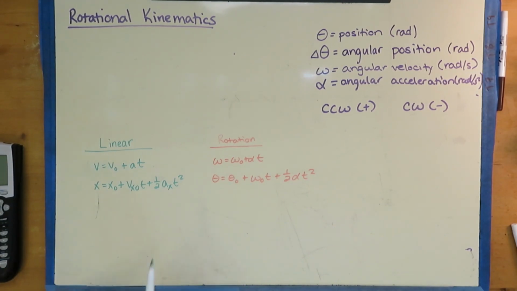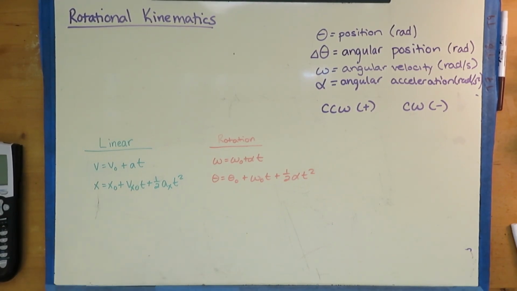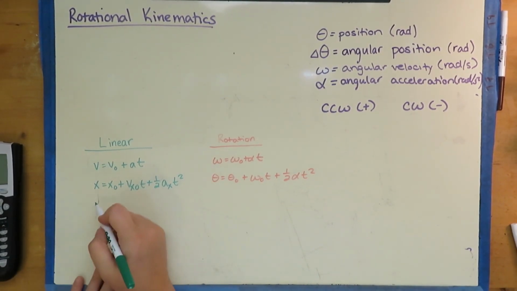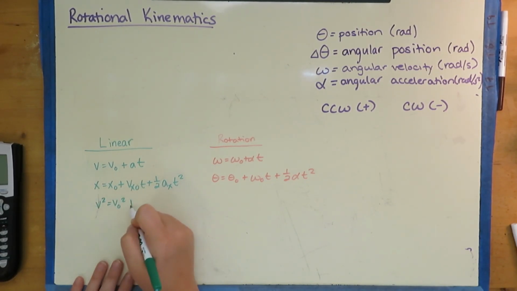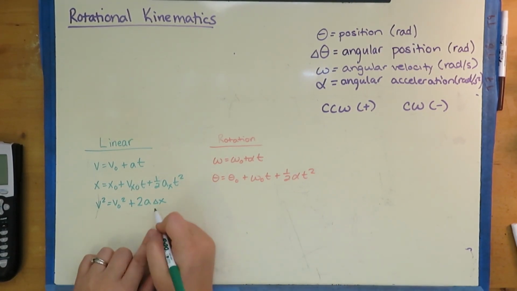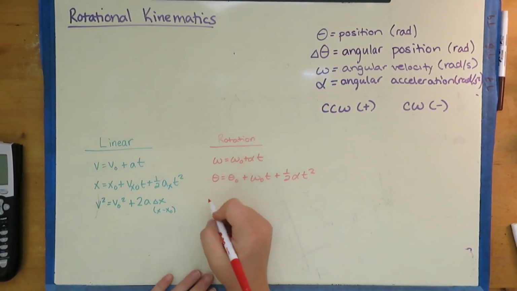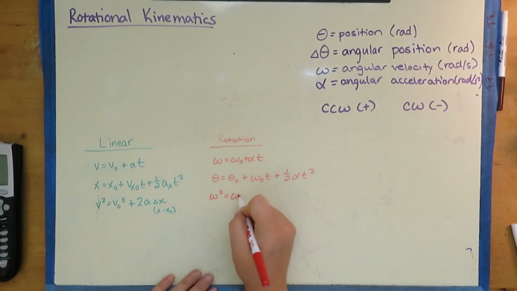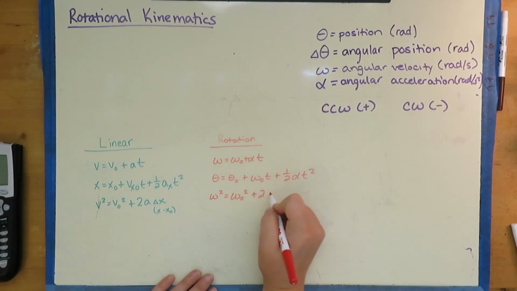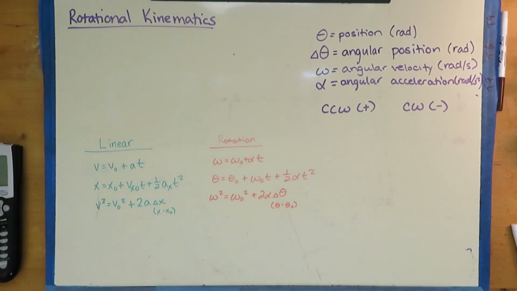The next equation was v squared equals v0 squared plus 2a delta x. Remember they write it x minus x0, but I prefer the delta x version. And in angular terms, this would be omega squared equals omega 0 squared plus 2 alpha delta theta. Once again, you could do theta minus theta 0 to be consistent.